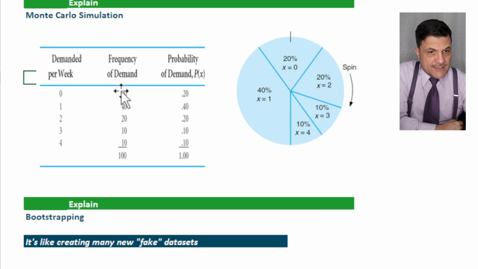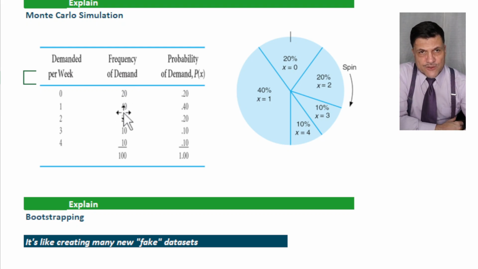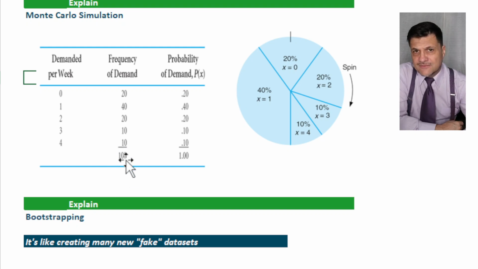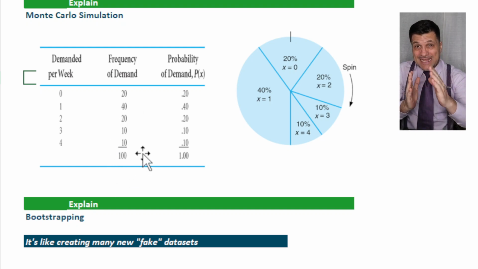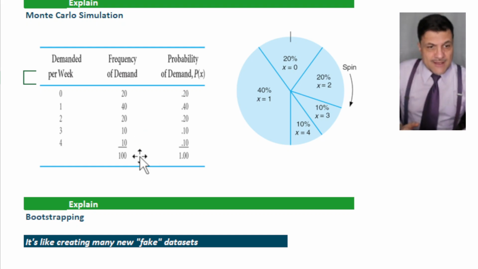There should be a frequency of the demand for zero for that product, for 1 unit, for 2 units, for 3 units, for 4 units, and then you have a frequency divided according to how many units someone is going to consume. Transform that into percentages, and now you have that the probability of selling 0 units is 20%, the probability of selling 1 unit is 40%, the probability of selling 4 units is 10%.